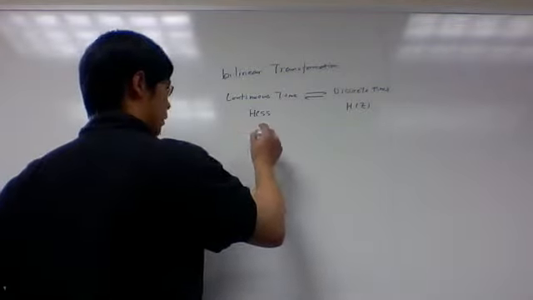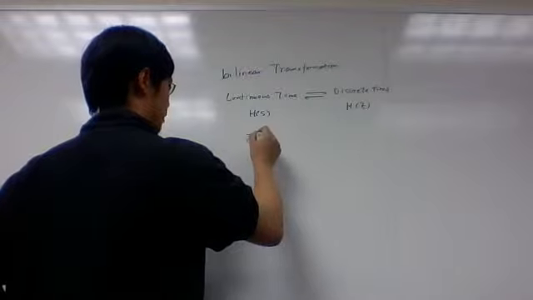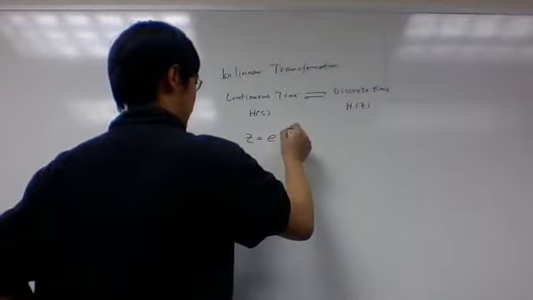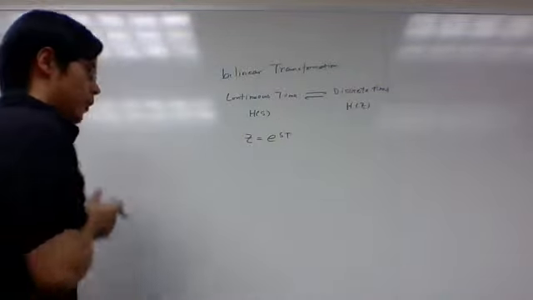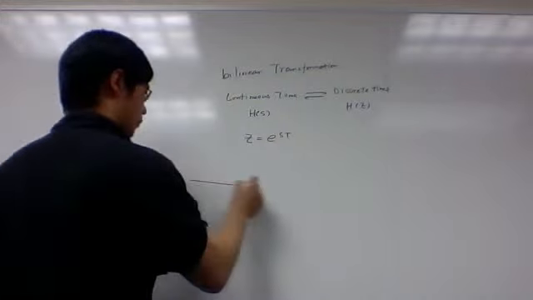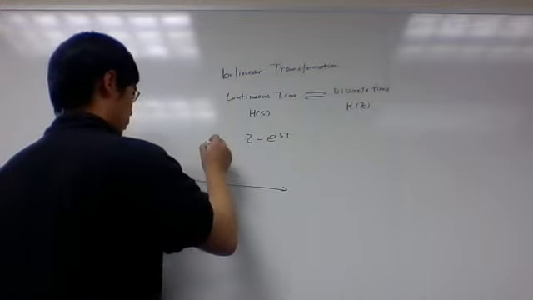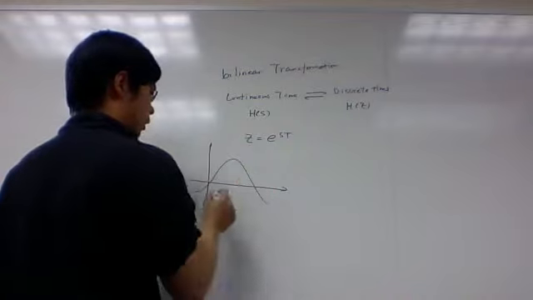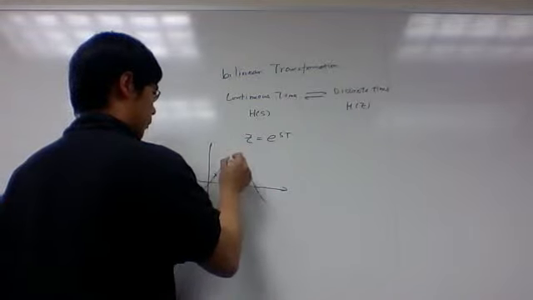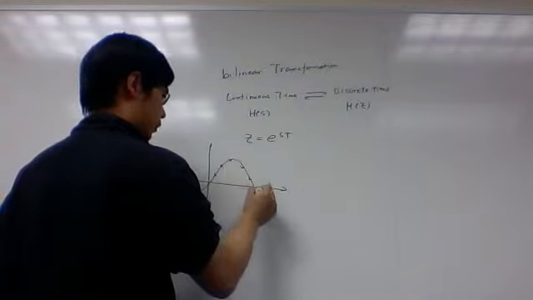So Z is defined as e to the s of t, right? So basically, let's say if you have a time domain waveform, something like this, and you're uniformly sampling it to get all these samples, right?